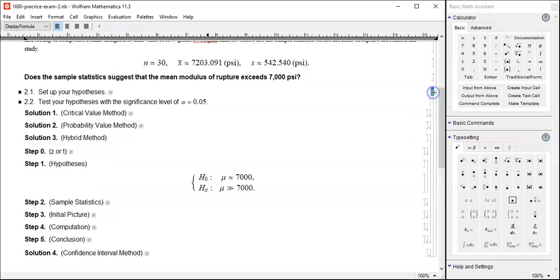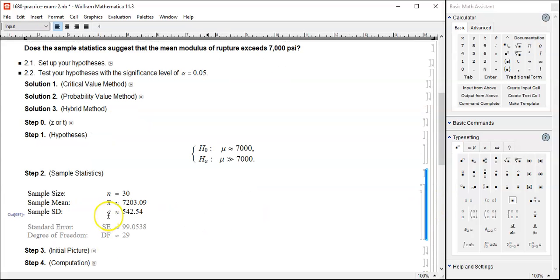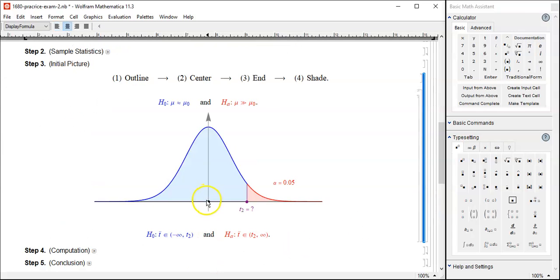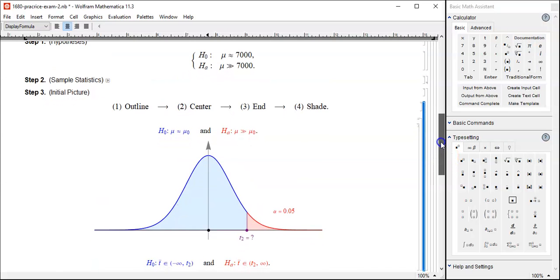Hypotheses, all right, and sample statistics, we discussed all these. The initial picture looks like this. This is the hybrid method, so the center is not the null, the center is 0, and we just draw the standard t-curve.